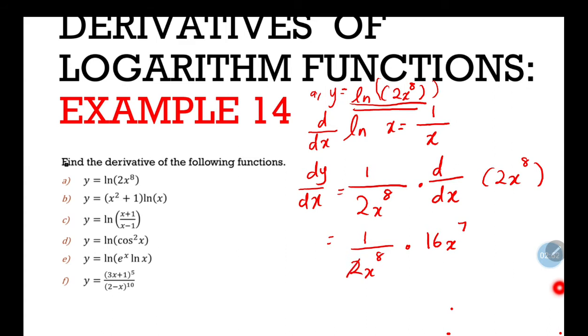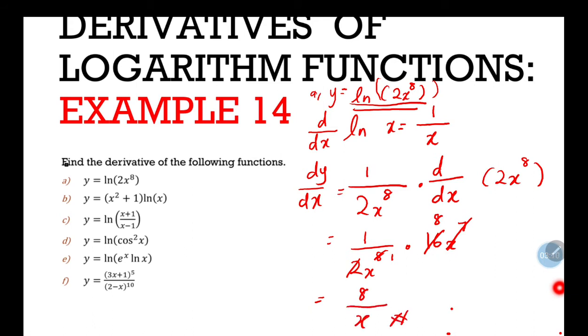So simplify this. You will get 8, and x to the power of 7 divided by x to the power of 8, you will get 1. So the final answer is 8 over x.